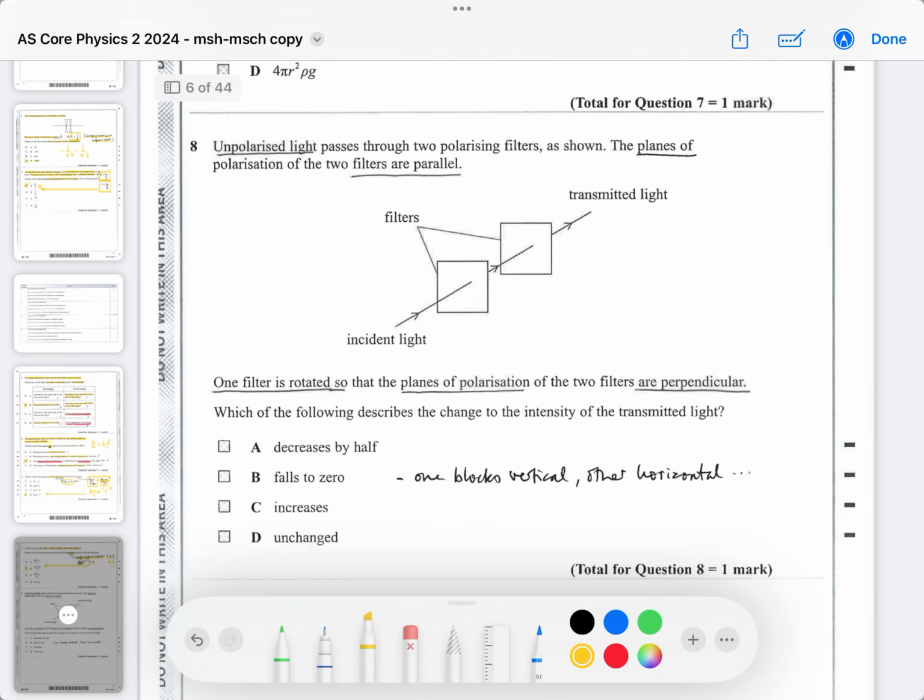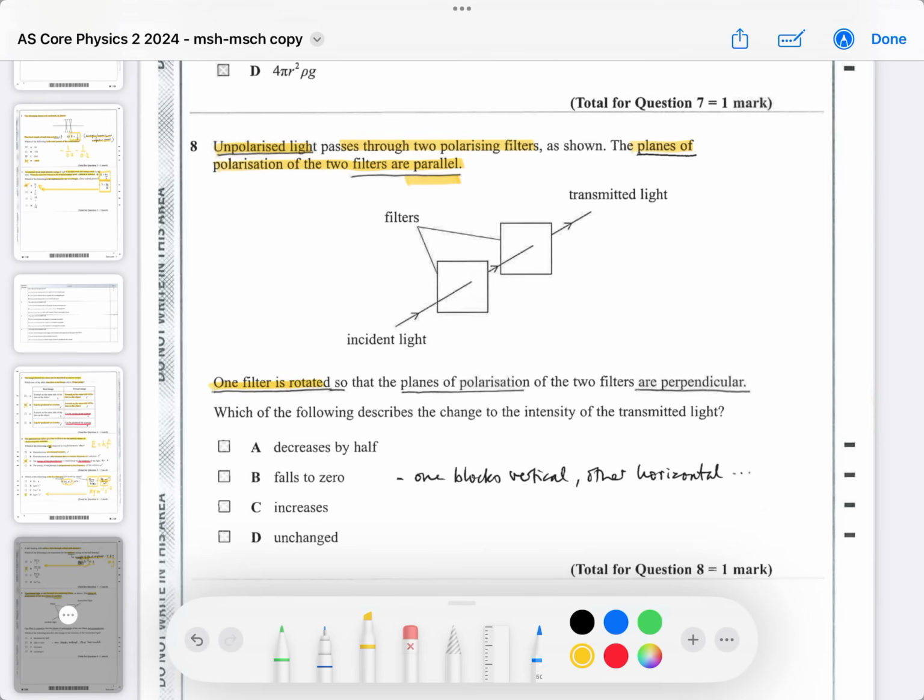Now, this was about polarization or unpolarized light. Unpolarized light is when the light is vibrating at all angles, not just in one plane. When unpolarized light passes through two polarizing filters, as shown, the planes of polarization of the two filters are aligned. That means they're in parallel, so the filters are in alignment with each other. So if it can go through one, it can go through the other.